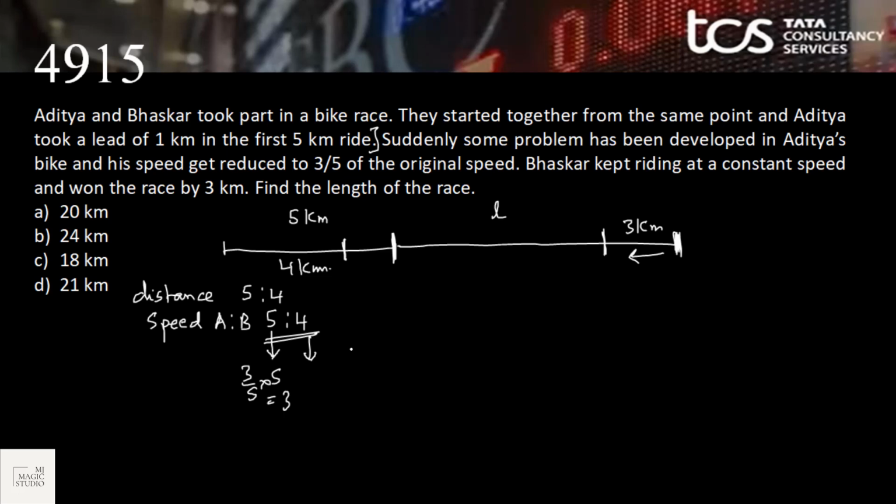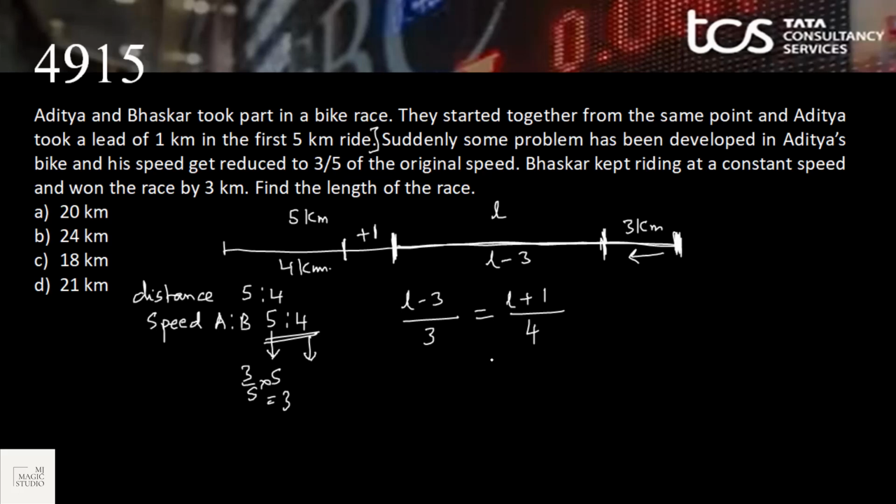Now, we need to equate their times. Time is equal to distance by speed. Aditya traveled this length, L minus 3, at a speed of 3 units. And Bhaskar traveled the entire L plus 1 kilometer at a speed of 4.